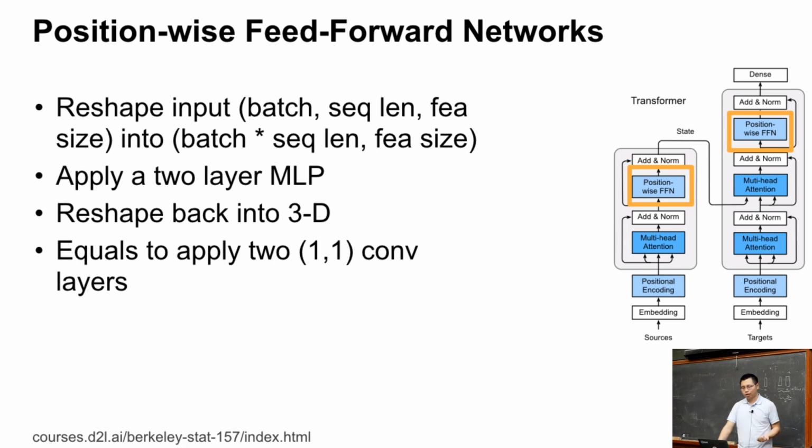What we do here is first reshape the input into 2D, batch size times sequence length, keeping the last dimension, and apply a multi-layer perceptron. Actually, it's a 2-layer multi-layer perceptron. Then we reshape back into 3D. Basically, we create an MLP, that's all.